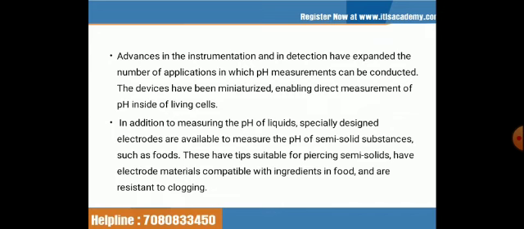These have tips suitable for piercing a semi-solid surface and have an electrode material compatible with the gradients in food and a resistance to clogging. The pH meter is also applicable for various research laboratories.